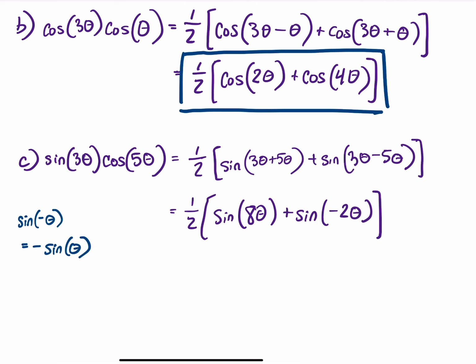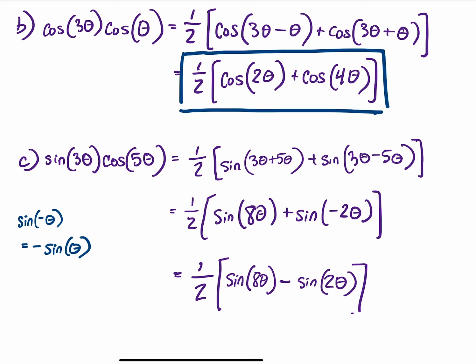So we can effectively take this negative and bring it out in front. And I think that's what the text likes to do, to avoid those negative angles inside. So 1/2 times the sine of 8 theta, this can become minus the sine of positive 2 theta, just using that odd function property. Yeah, we can leave it here.